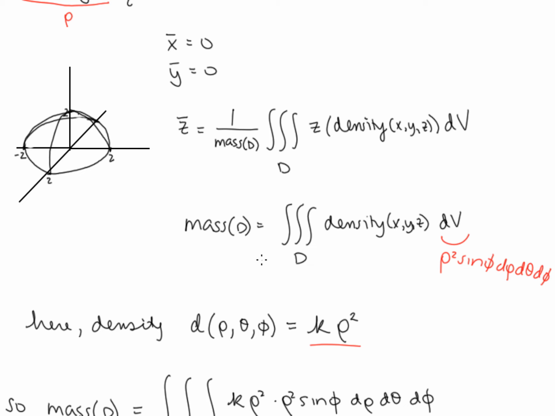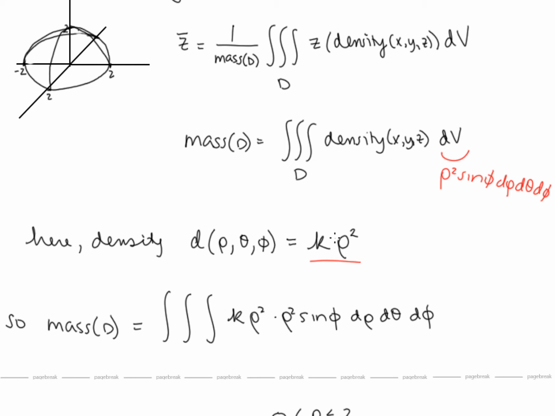So looking at the mass computation, we've got the integral of the density function of k rho squared, and then dV is rho squared sine phi d rho d theta d phi. Now what are the bounds on rho, theta, and phi? Well, for our domain here, rho, the distance to the origin, goes from 0 to 2.